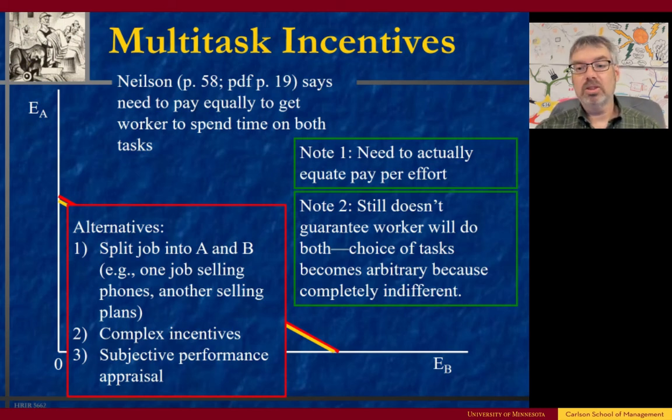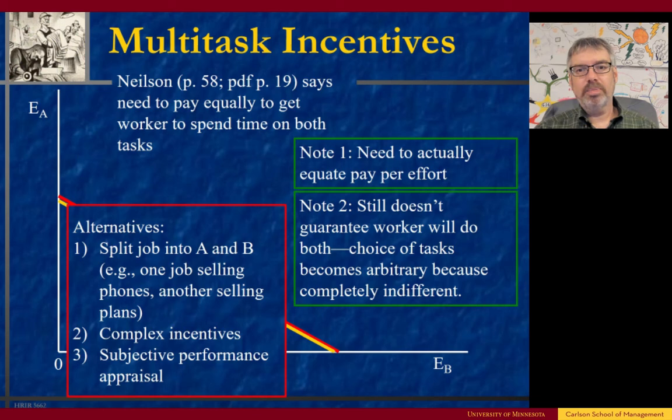Now, if there really isn't a good reason to have one worker do multiple types of things, maybe you are okay with some workers doing one, some workers doing another, or hire certain workers to sell phones and other types of workers to sell plans. Or you might need to come up with more complex incentives than the simple ones we've been talking about here.